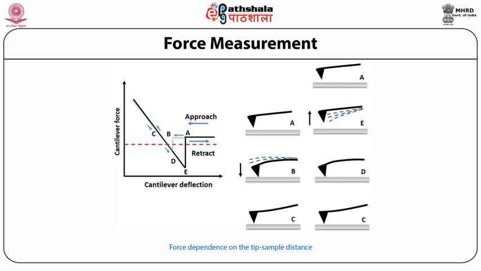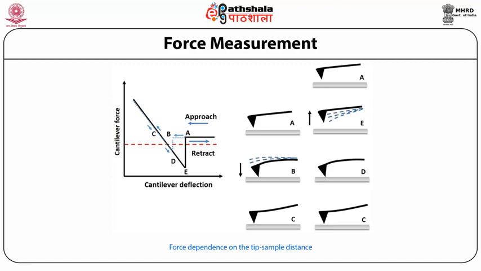As the scanner continues to expand, the probe experiences a repulsive force in position D, and the cantilever deflects away from the surface, approximately linearly following the blue color curve.